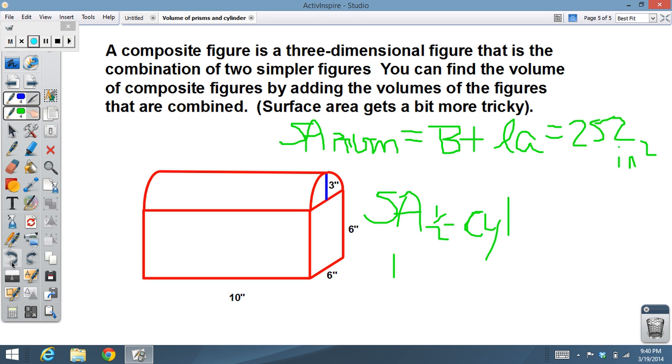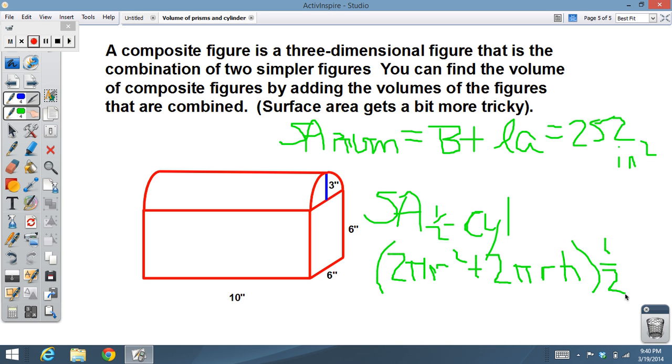So for a full cylinder, surface area is 2 pi r squared plus 2 pi r h. But for a half cylinder, I'm going to multiply each by 1/2 because I'm only working with that part of it. So I'm going to end up with pi r squared plus pi r h.